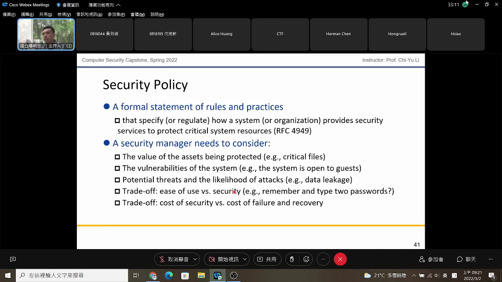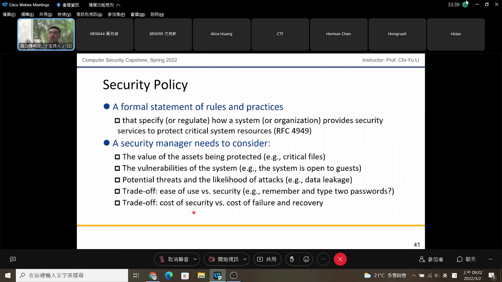Although a secure password can be created, it hurts the user convenience because it would be difficult for users to remember. Then users will usually keep resetting the passwords. So this is an example. We need to think about the trade-off between ease of use versus security.